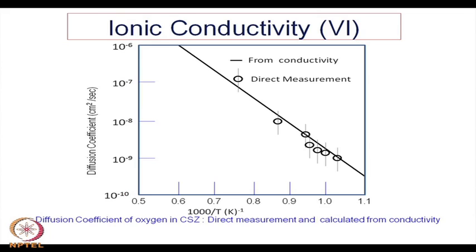It has been found, as you can see here, that they are in very good agreement with each other, both the conductivity data and the direct diffusion measurement, and that also shows the validity of the Nernst-Einstein relationship. That means the ionic diffusion coefficient and ionic conductivity are very, very closely related.